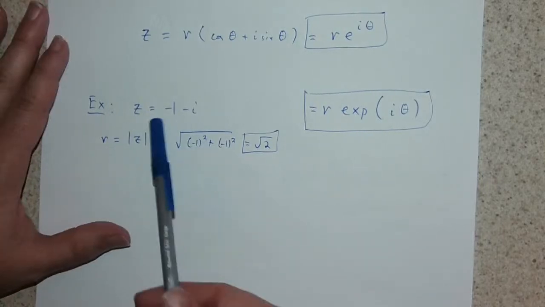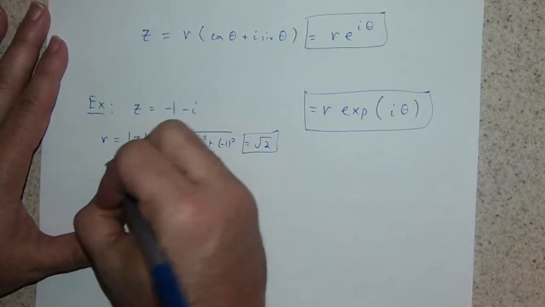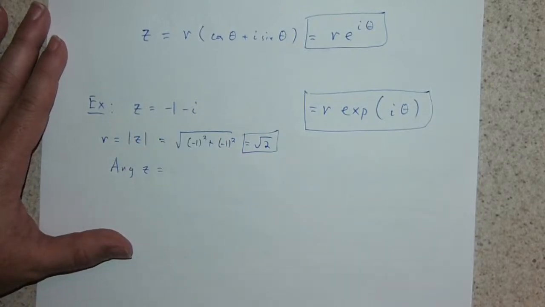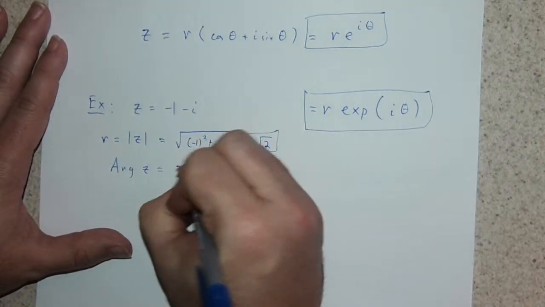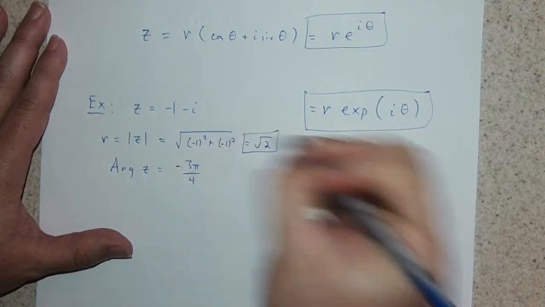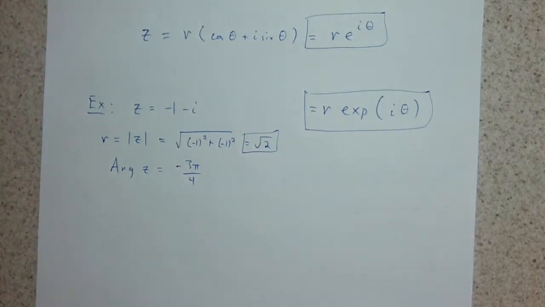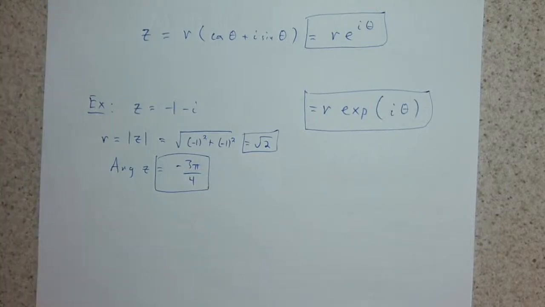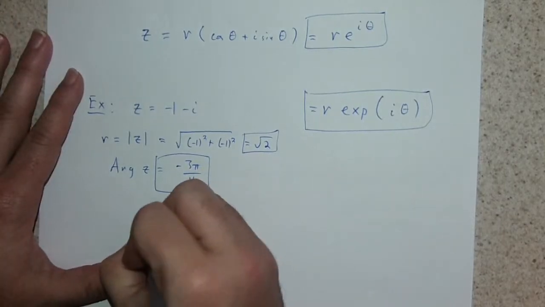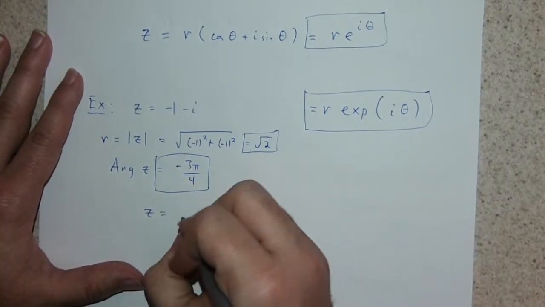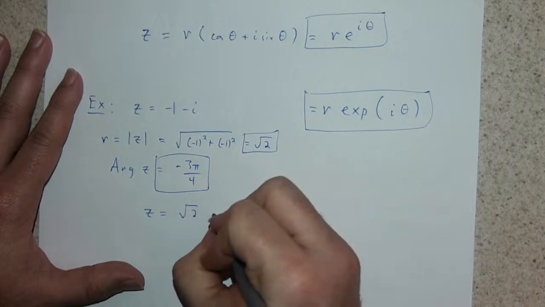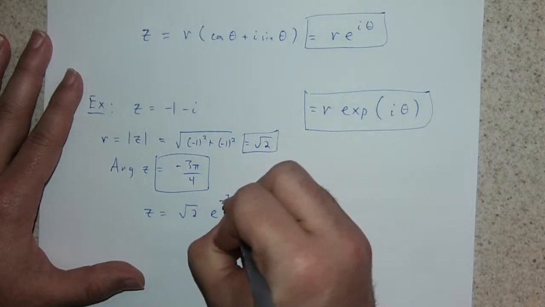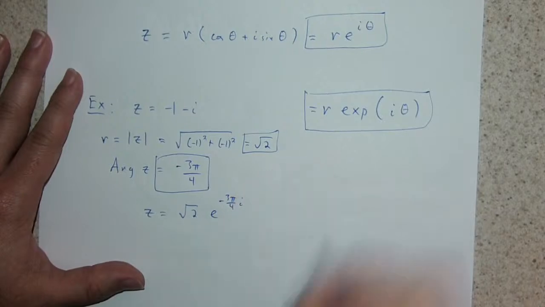The argument, right, we found for this, so arg z from last time was found to be minus 3 pi over 4. Okay, and so with these two pieces, I can say that z is square root of 2 e to the minus 3 pi over 4 i.